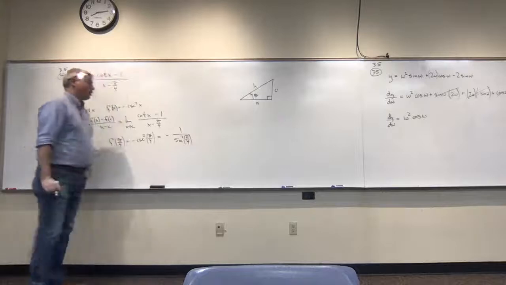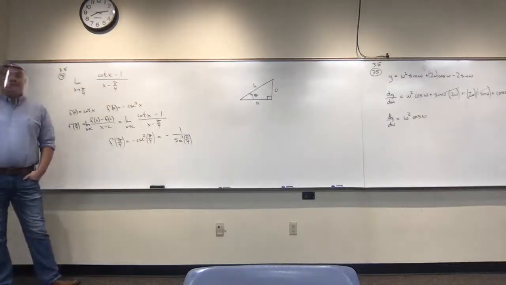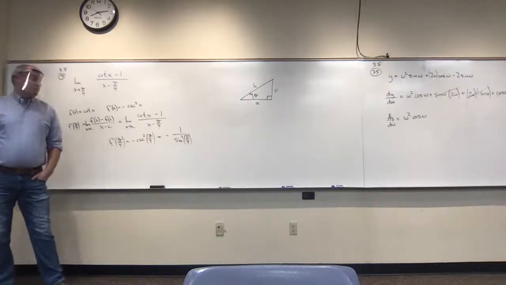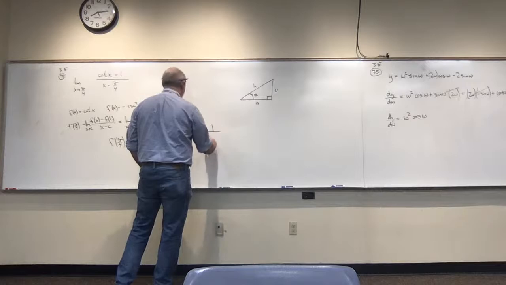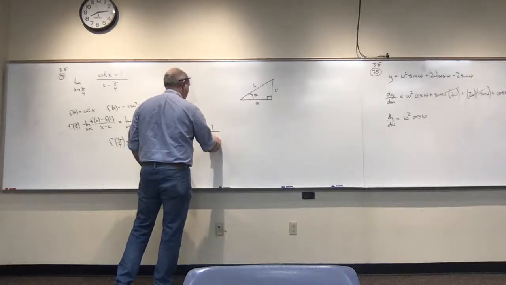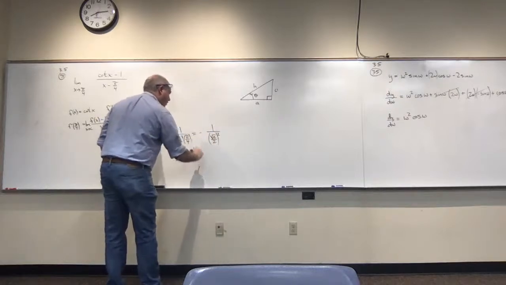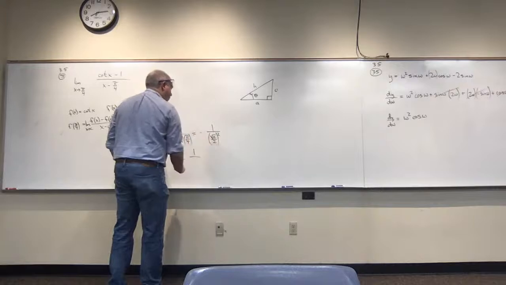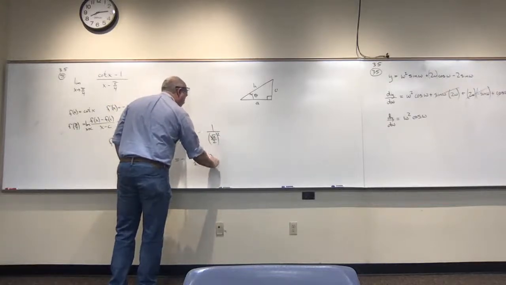So I just need to know what sine of pi over 4 is. What is it? Root 2 over 2. So this is just equal to negative 1 over root 2 over 2 quantity squared, or negative 1 over, I suppose this would be 2 over 4, or a half, or negative 2.